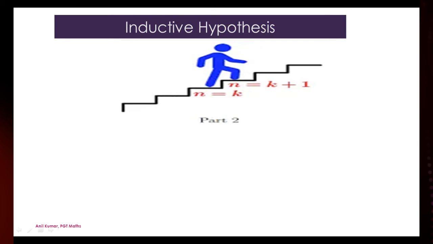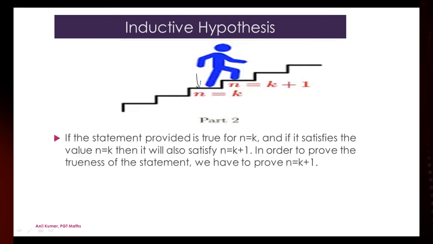So this part 2, if you look at this picture, this step is known as the inductive hypothesis. If the statement provided is true for n is equal to k, and it satisfies the value n is equal to k, then it is also satisfied for n is equal to k plus 1. In order to prove the truth of the statement, we have to prove it for n is equal to k plus 1.